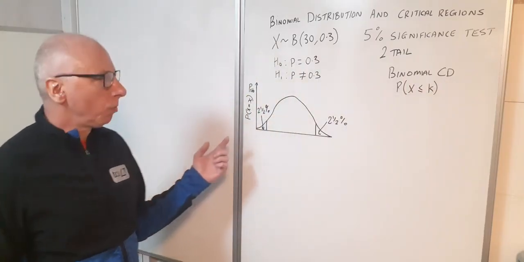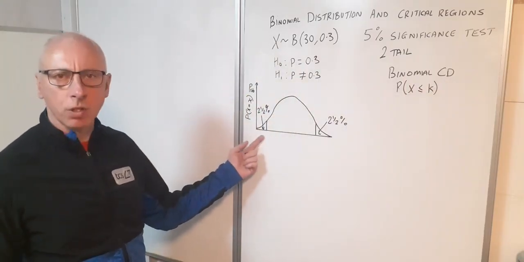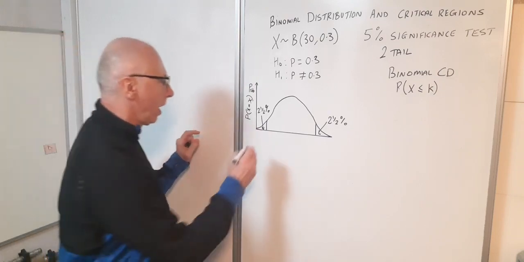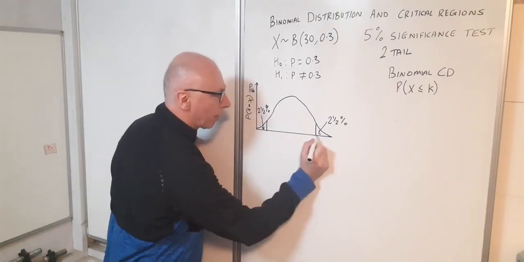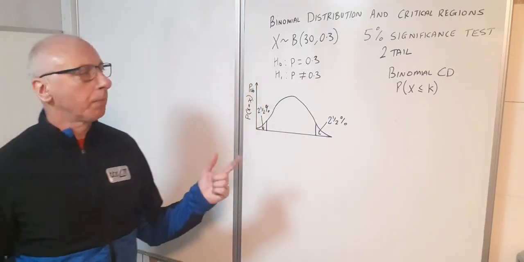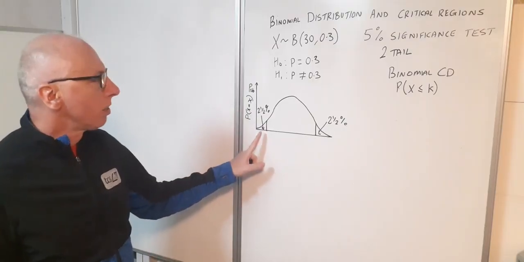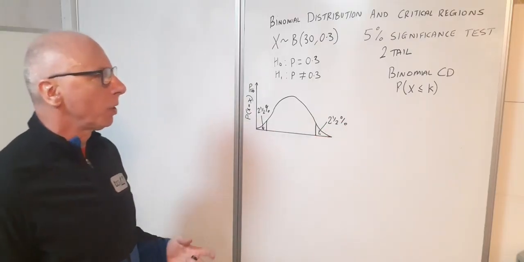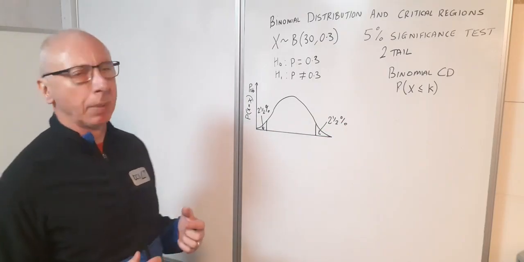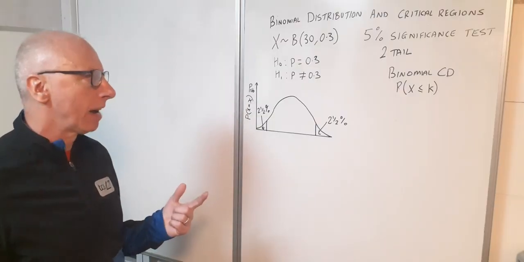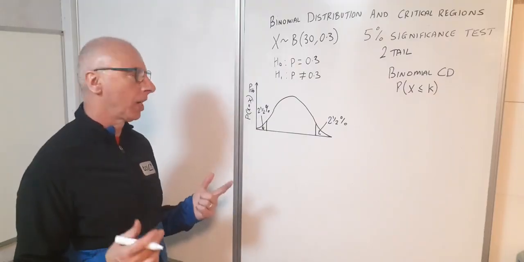So now what we want to do is put in some values and try and estimate what this lower tail's boundary would be. As it's the binomial distribution, they will be whole numbers. So we have to plug in a value where we think it might be, and then work from there, a bit like a trial and error. So that's a suggestion for this video.